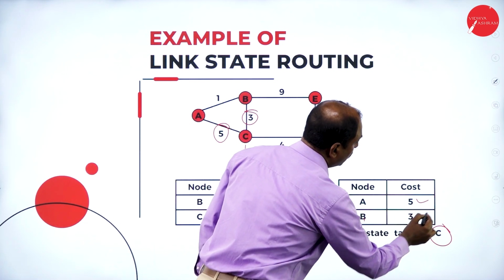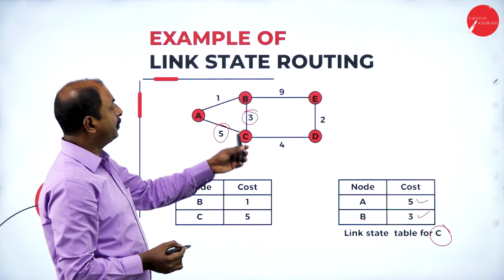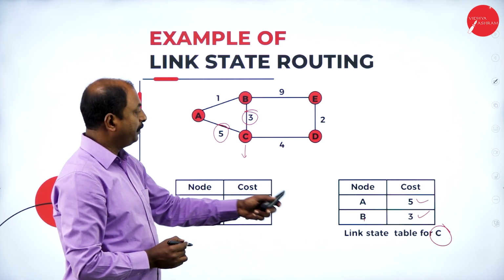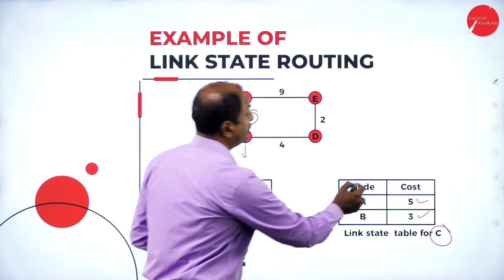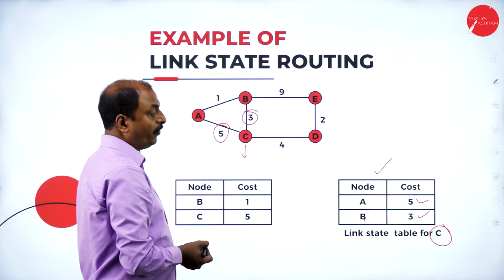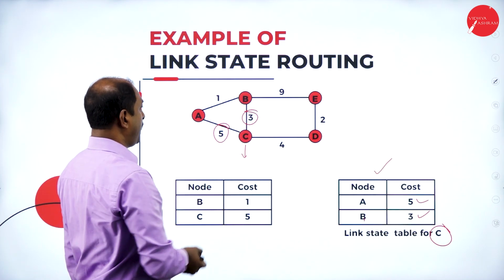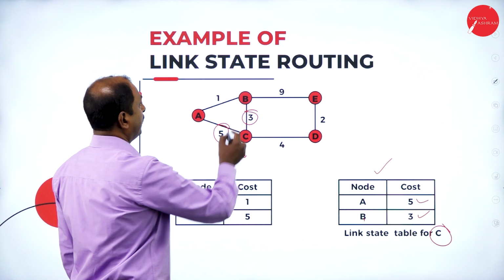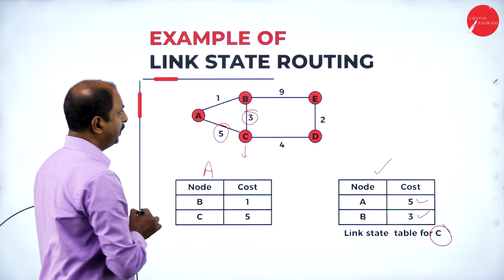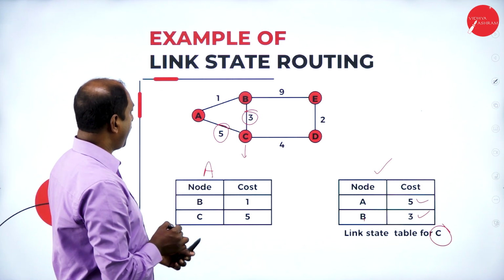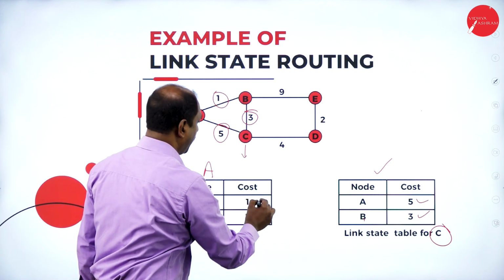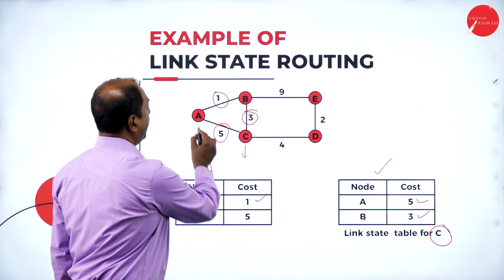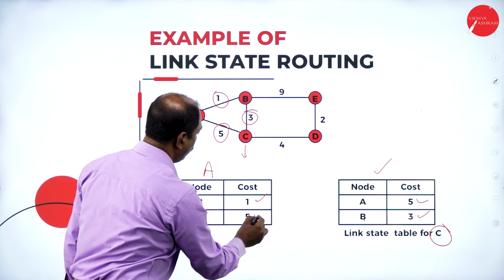So the cost of the path from B to C is 3. Similarly, it is going to have node information for each and every router. For example, this is for router A: from A to B, the cost is 1, and A to C, the cost is 5.